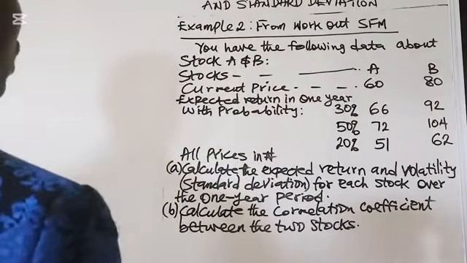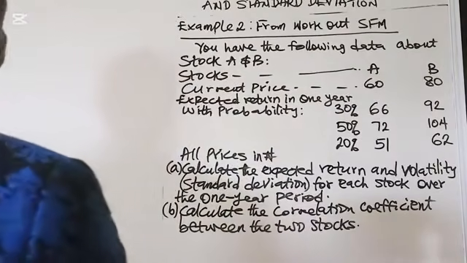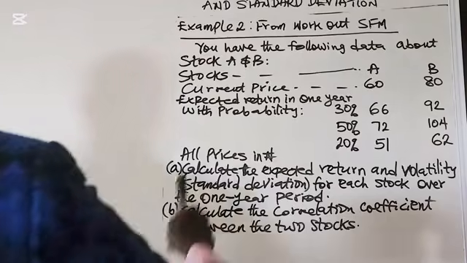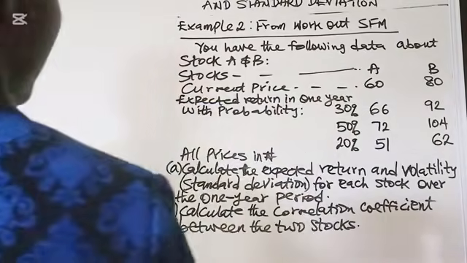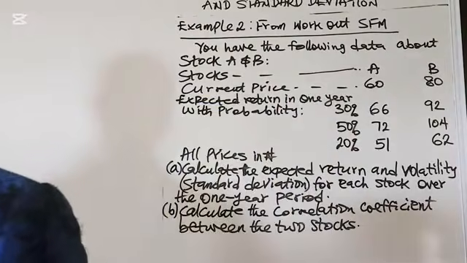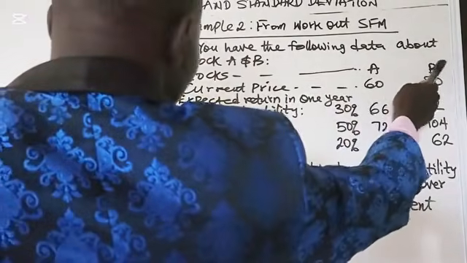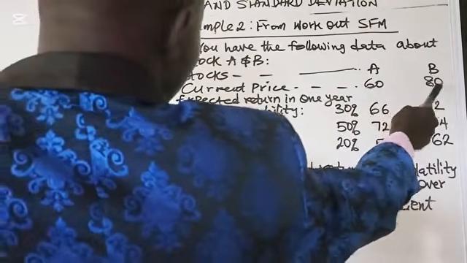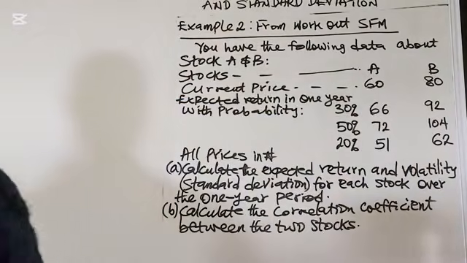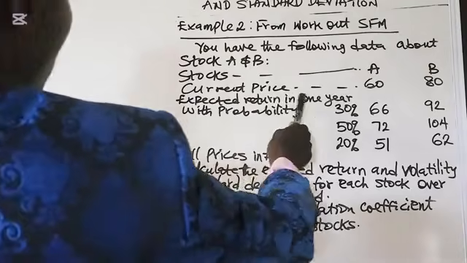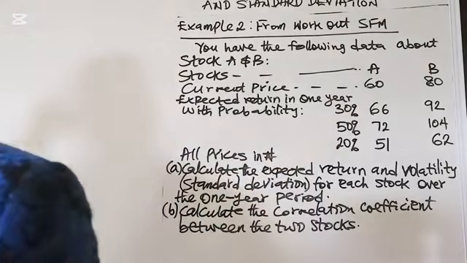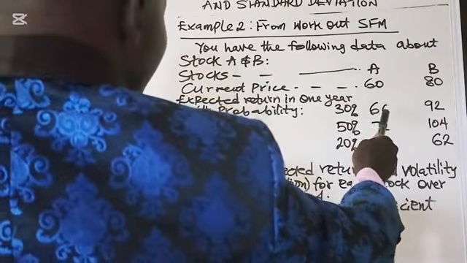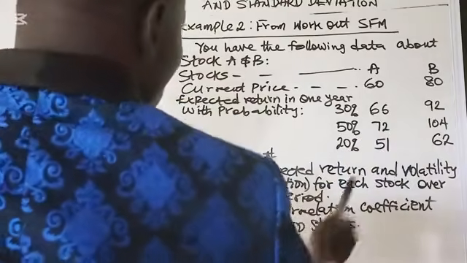Example 2. This question is obtained from Workout Strategic Financial Management by Adeomoleiwa. You have the following data about stock A and B. We have current prices of 60 and 80 for stock A and B respectively. Expected return in 1 year with probability: probability of 30%, we have returns of 66 and 92.